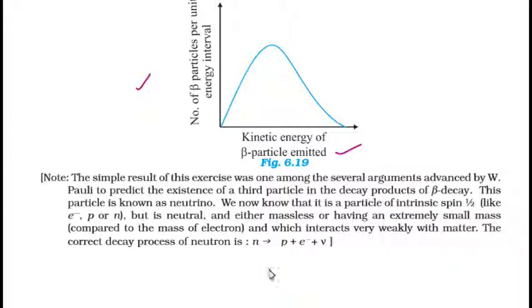The correct decay process of the neutron is n gives p plus e plus antineutrino nu. Let us see the solution.